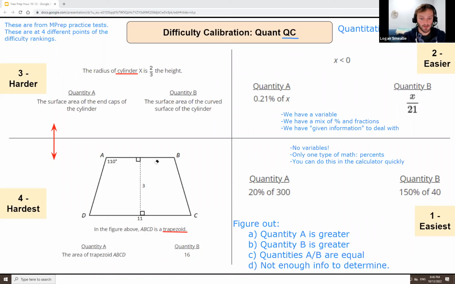Any theories in the chat between these two? Acknowledging that they're both pretty hard questions, do you notice anything that could maybe make this one here a little easier than the one below on average?